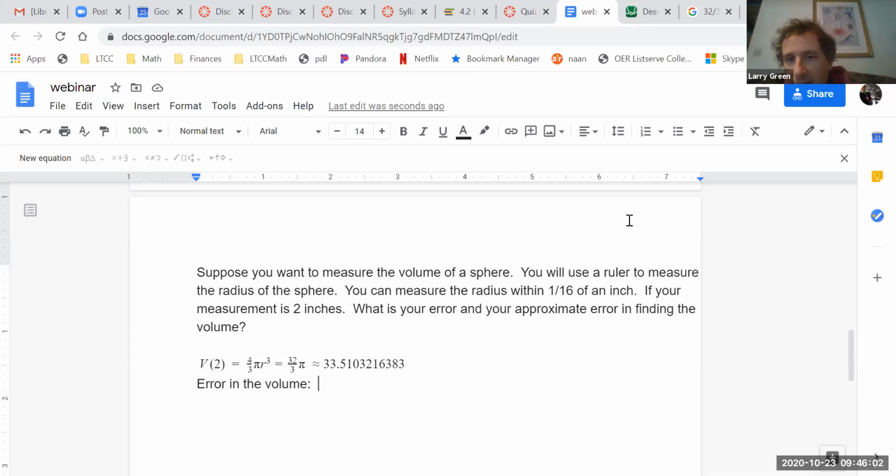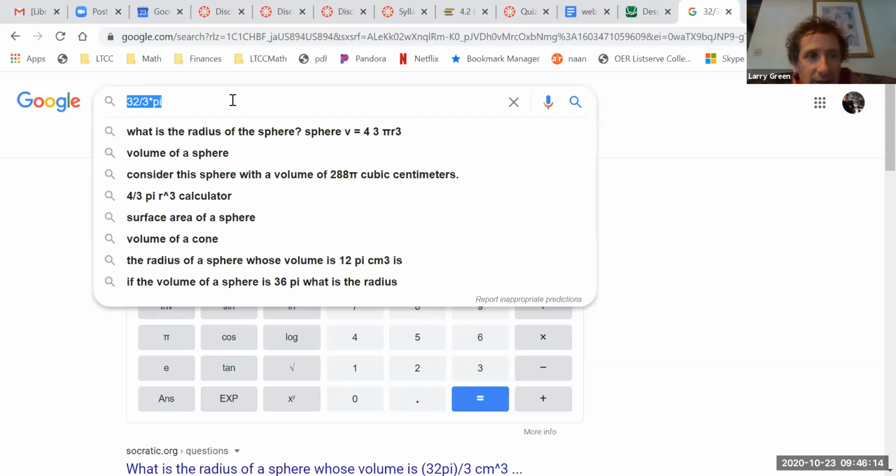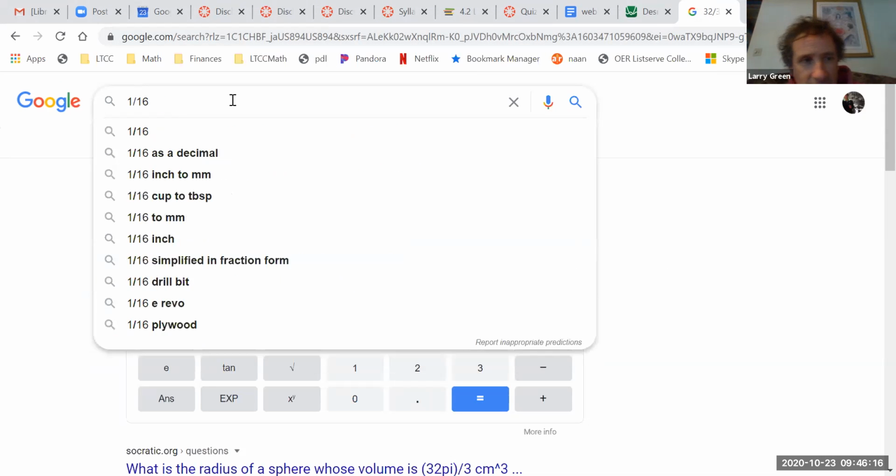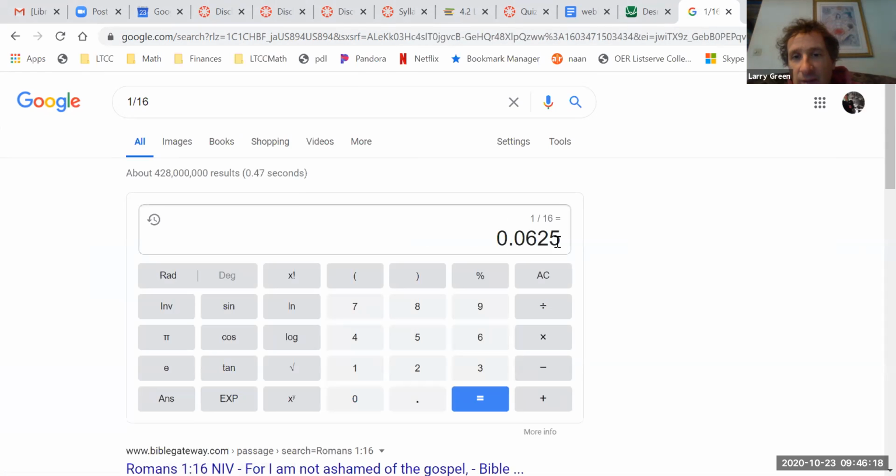And remember, you're able to measure it to 1/16 of an inch. That was what you decided. And by the way, 1/16, in case you don't know, is 0.0625.